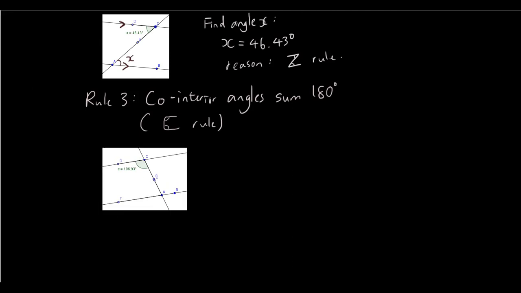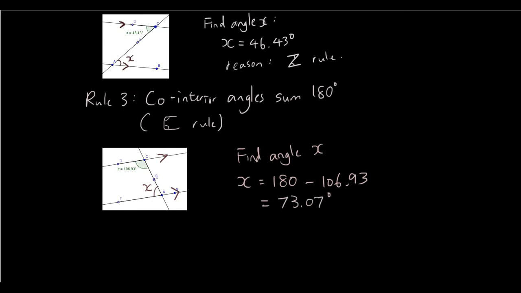This line is parallel to this line, and we want to find the size of angle X. So find angle X. X equals 180 minus 106.93, which is equal to 73.07 degrees.